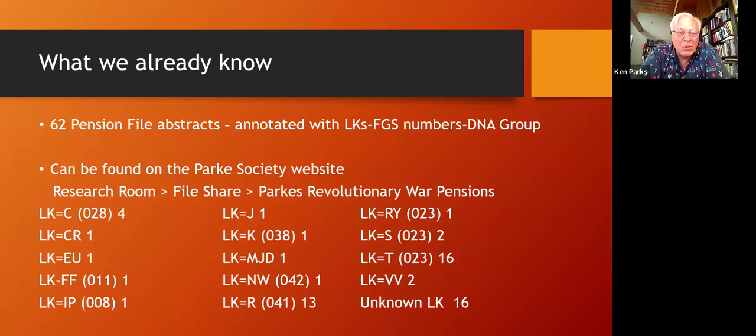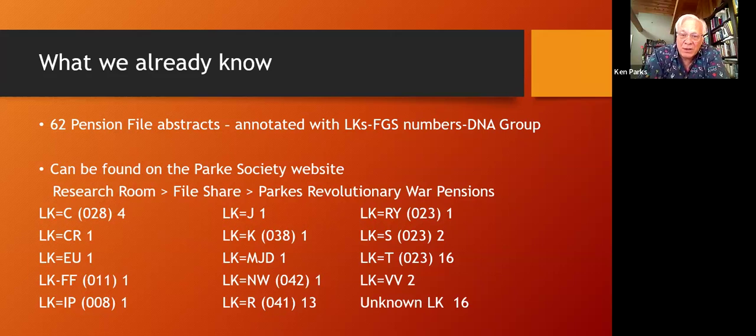And I took those abstracts years ago and tried to identify and annotate those to whatever extent I could, identifying their lineage keys and where we could, identifying the individuals by their FGS numbers. We call it family group sheet numbers, that identifies them as an individual within that lineage key.